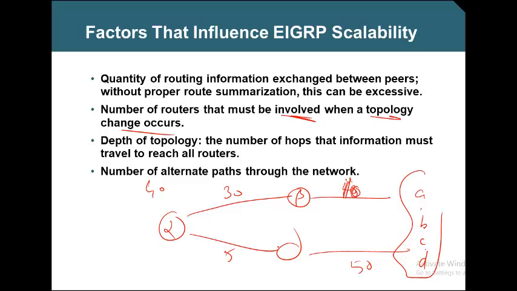What will happen? If you have a qualified backup path, fast convergence and scalability are there. If you don't have a qualified backup path, physically a backup path is there, but it is not qualified to be a backup path. So there is no entry in the topology table.